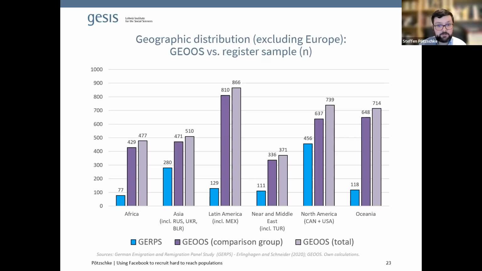Again, it is a great study, don't get me wrong, but within the short time frame used for our survey, and with the small amount of budget that we had, we were able to survey more people in the non-European sampling regions you see here than this big project. So again, this highlights, on the one hand, that the approach can be used for cross-national research on a large scale and might reach people that would otherwise be missed, and also that it can be implemented at very low cost and in a very short time frame.